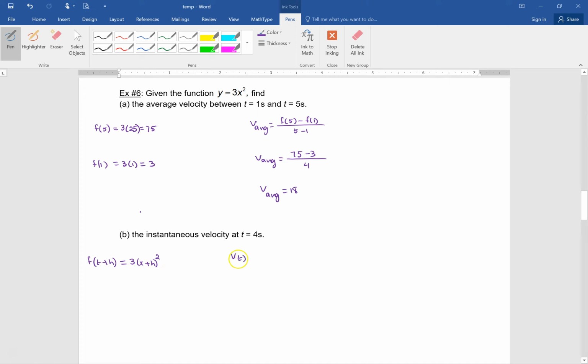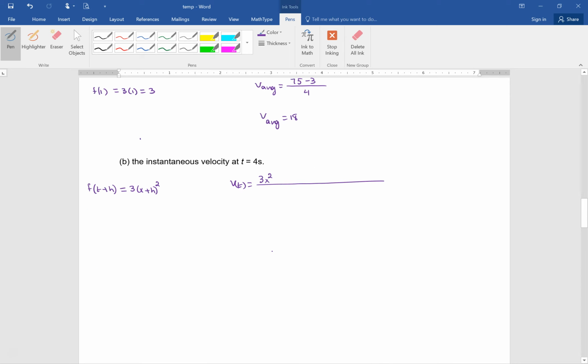So the v of t is going to be 3x squared plus 6xh plus 3h squared minus, how much is it? 3x squared. Let's be consistent. This is supposed to be an x.